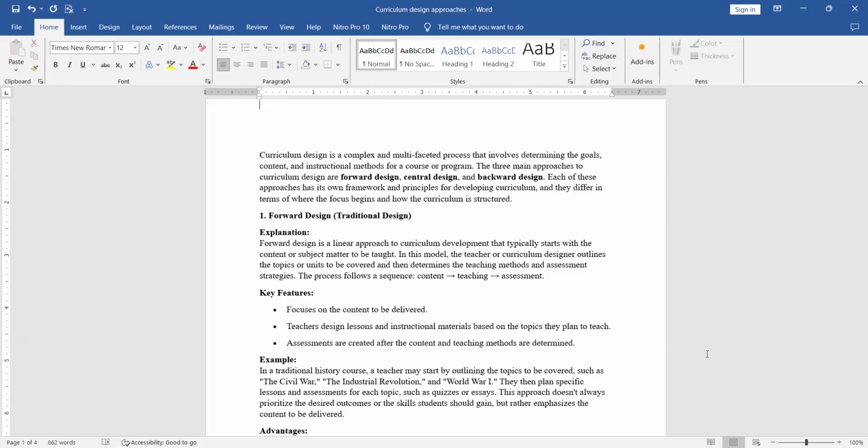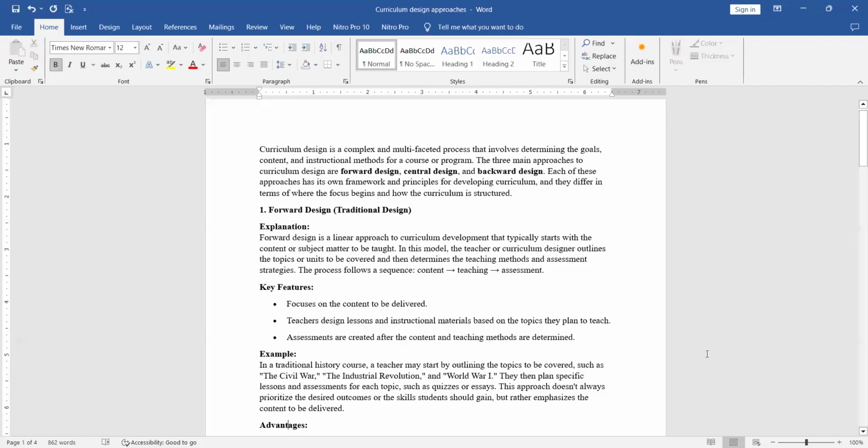What is the subject matter that we have to teach? That is the first concern. Once the content is decided, you decide the methodology, the process of teaching. And once the process is done, you think of what the intended learning outcomes will be based on the content and the process. Content, teaching, and assessment.